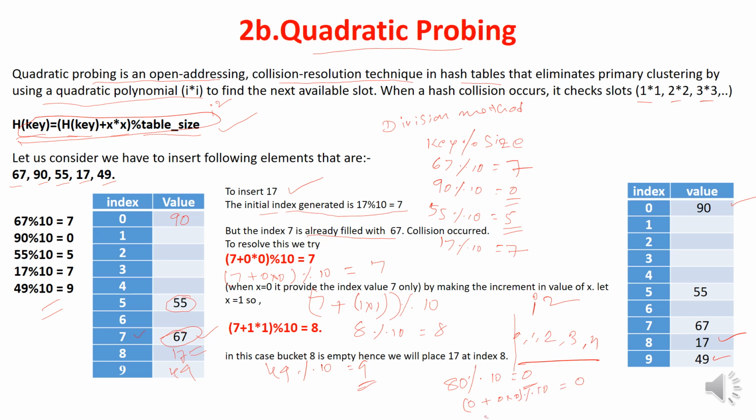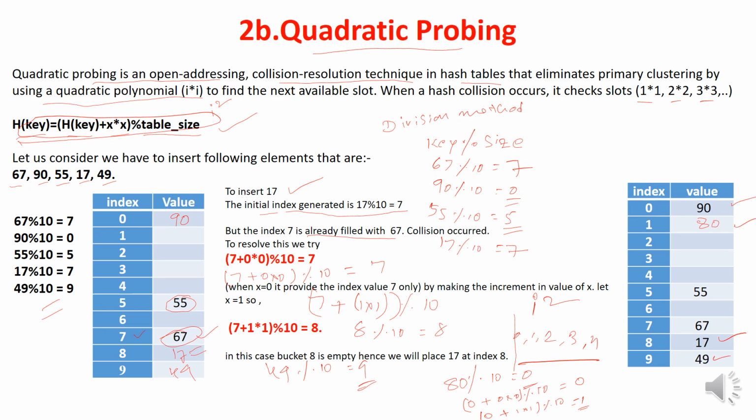Try the next location, 0 plus 1 into 1 percentage 10, which is 1. Is 1 free? Yes. So 80 is placed at location 1.